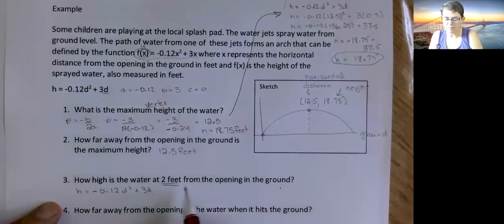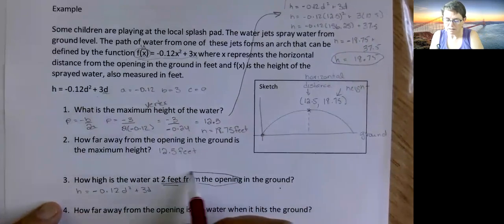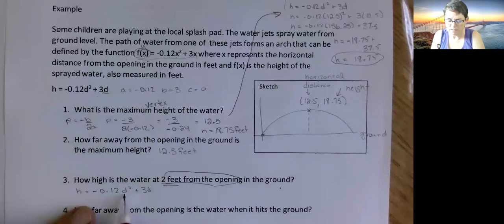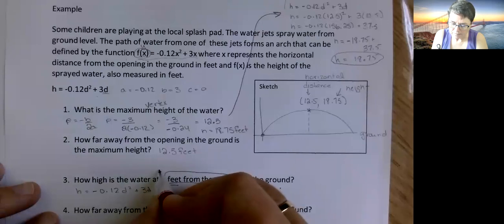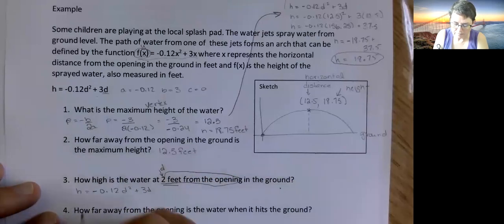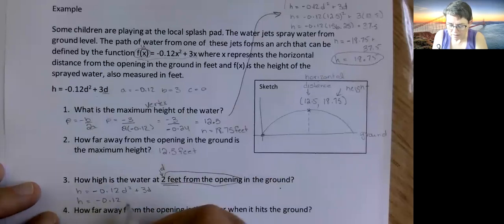And it's telling me it's 2 feet from the opening, so all I need to do is substitute that in for the d's. So height is equal to negative 0.12 times 2 squared plus 3 times 2.